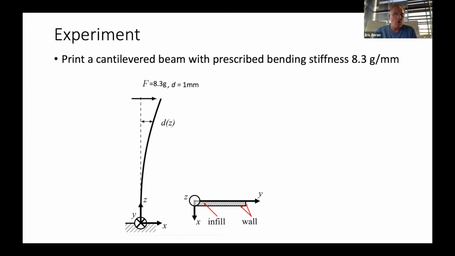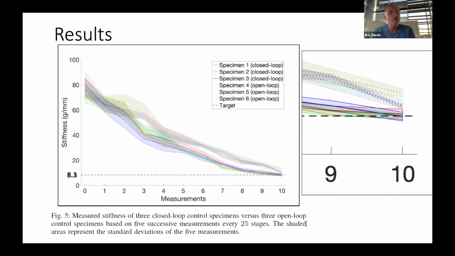Imagine a beam whose height is about 10 centimeters, whose width is about 2 centimeters, whose thickness is about 2 millimeters, and you got a good idea about what is being printed. Let's see the results. Using our proposed control law versus what I would call open loop printing.